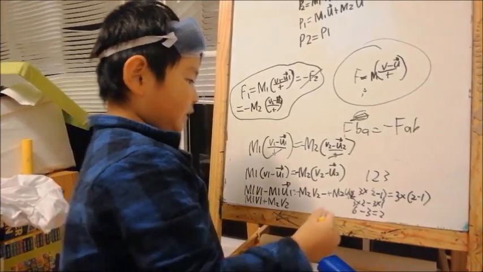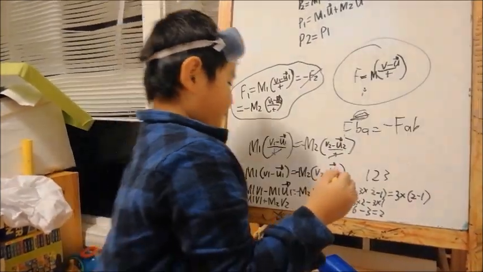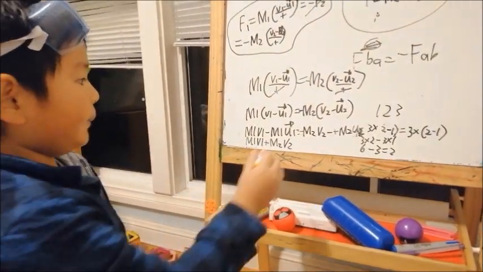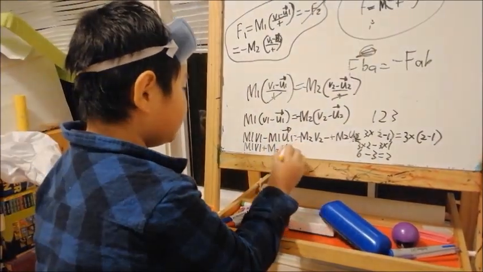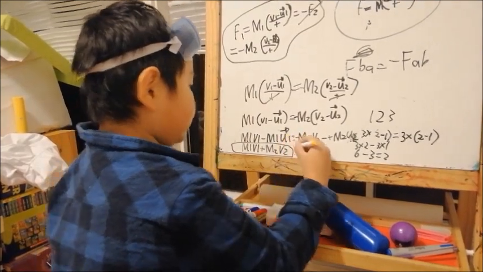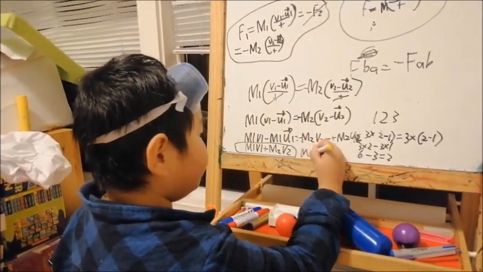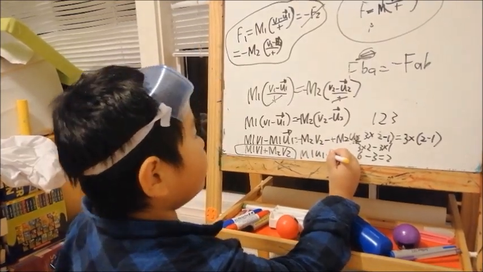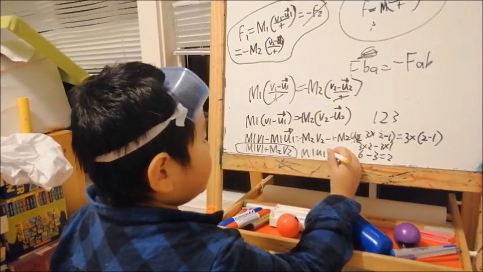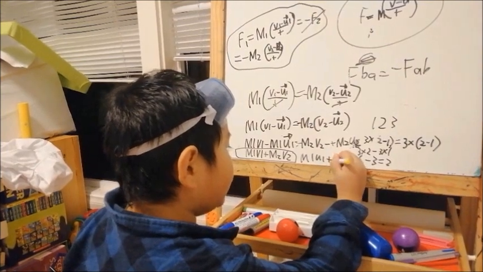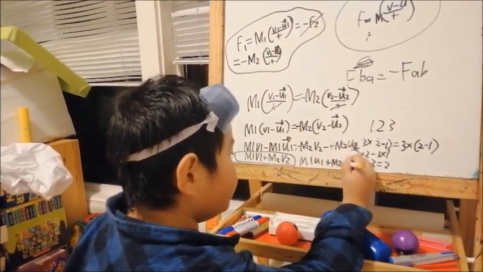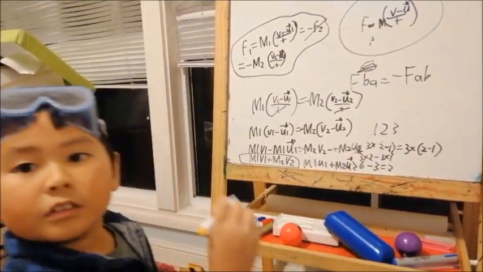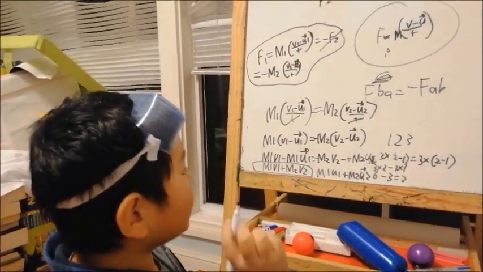And now we can come and get the other stuff. So here we have M1 U1. So let's box this in. M1 U1 plus M2 U2, you get the point.